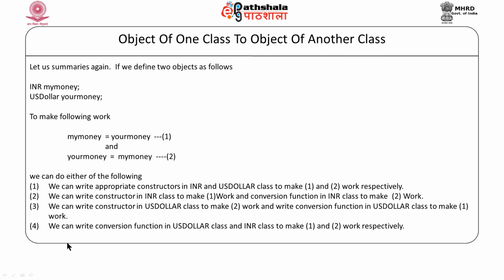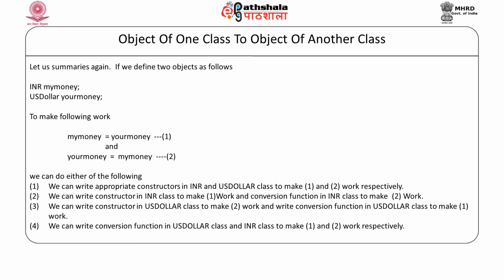The fourth option that we have is we can write conversion function in US dollar class and INR class to make the first and second work respectively. If I write conversion function in US dollar, this will make this statement work, and if I write a conversion function in INR class, this will make this statement work. All right.